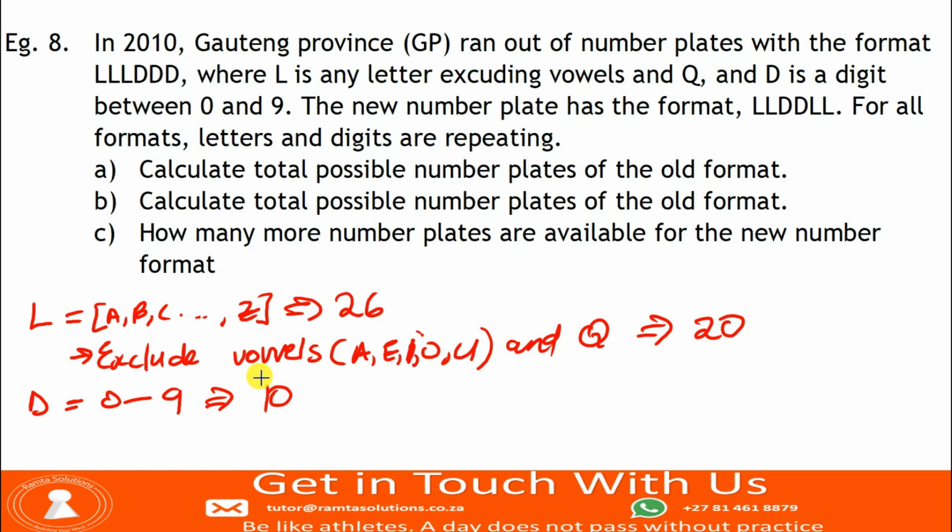Perfect. Now, they say the new number plate has the format LLDDLL, and these letters and digits are repeating. So the first question says, calculate the total possible number plates of the old format. Question A, total number plates.